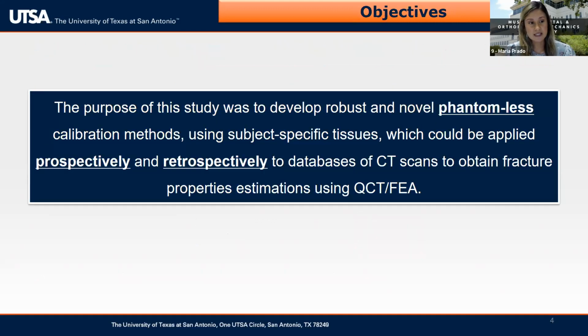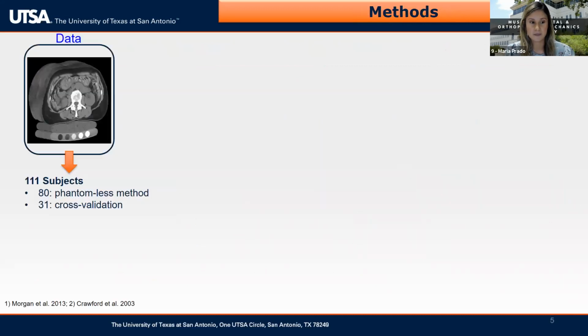To solve these problems, we propose the use of a patient-specific phantomless calibration technique. The purpose of this study was to develop robust and novel phantomless calibration methods using subject-specific tissues, which could be applied prospectively and retrospectively to databases of CT scans to obtain fracture properties estimation using QCT-FEA.